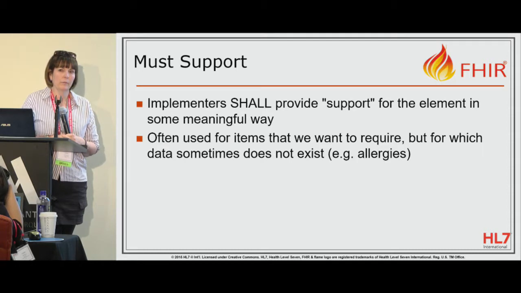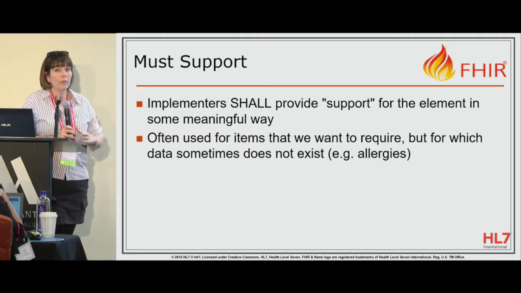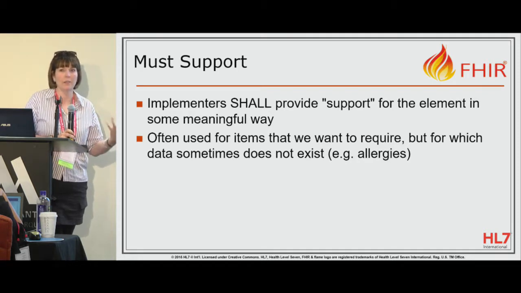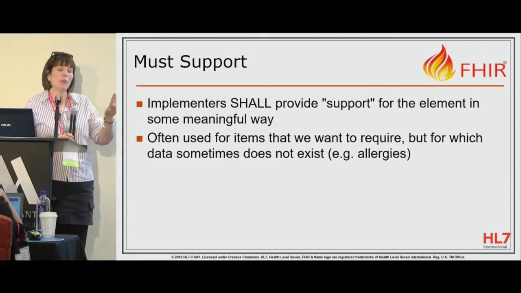Where things get funkier is when the minimum cardinality is one, which says you must always send a value. That's things like allergies, where the client or whoever's doing this IG really wants to know that they have no known allergies, and they want that stated as a value, which is different from a null flavor, actually.